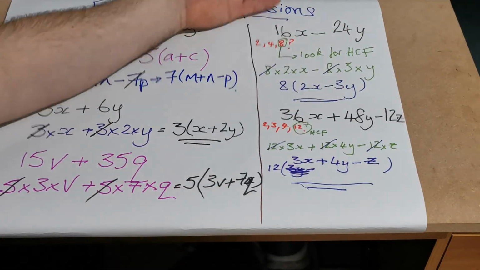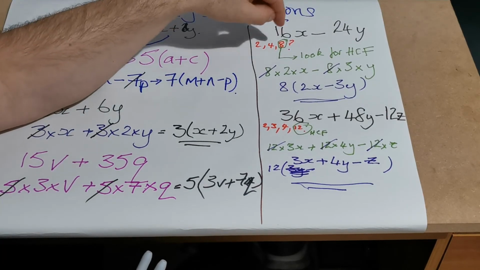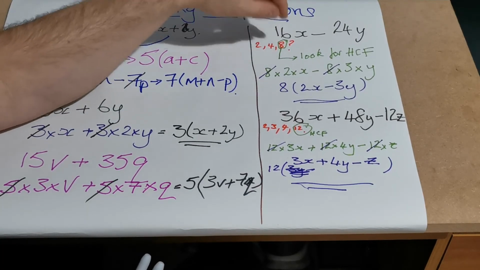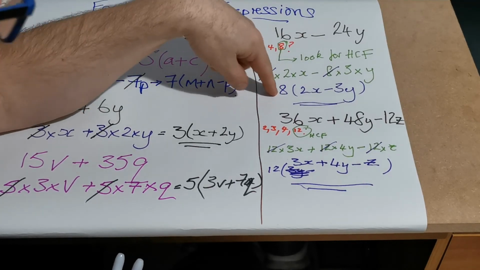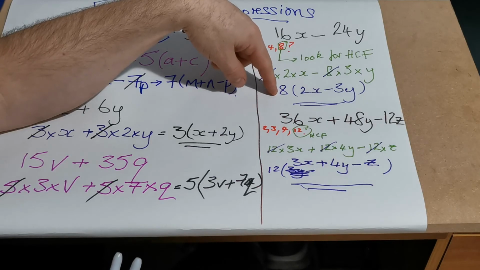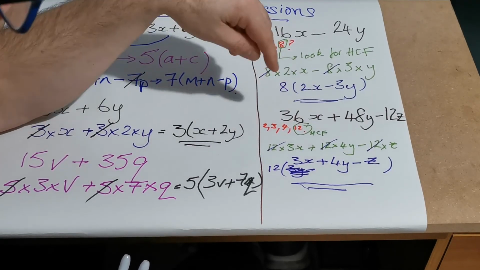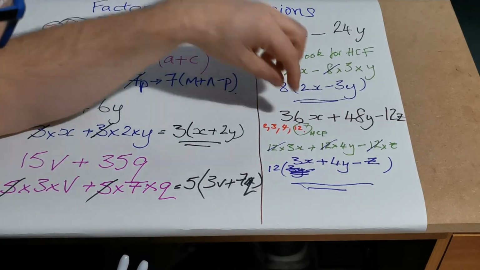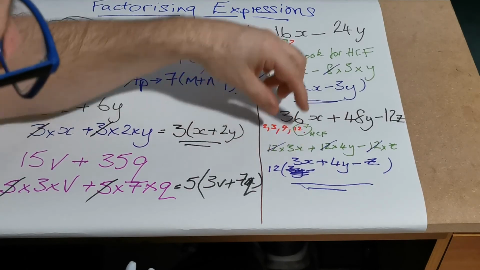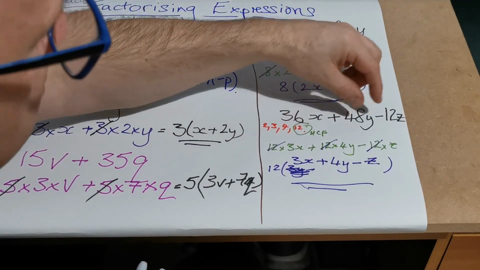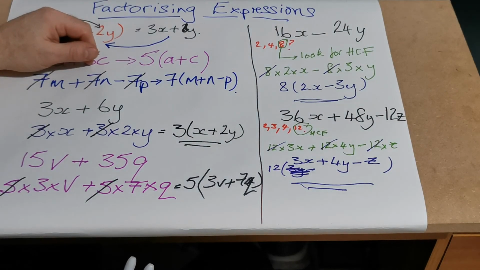There are other times when there are lots of common factors, so we have to look for the HCF, the highest common factor, when thinking about the multiplications. It's always the highest common factor that will come outside the bracket. And again here, lots of common factors, but 12 was the highest common factor of 36, 48 and 12. So we could make all of these multiplications in terms of 12 times something, and therefore the 12 is the common factor that we could take outside the bracket.